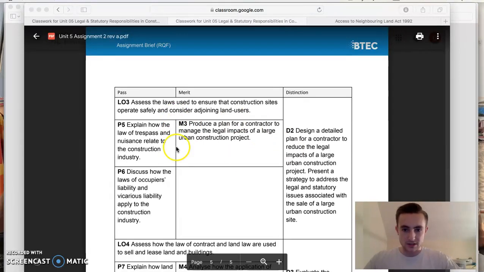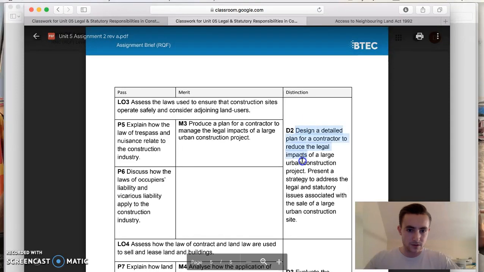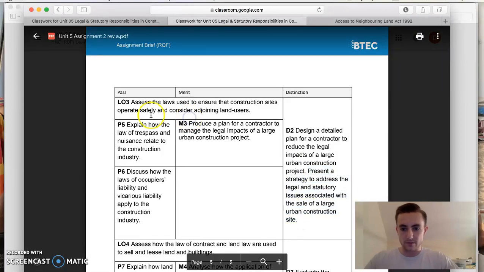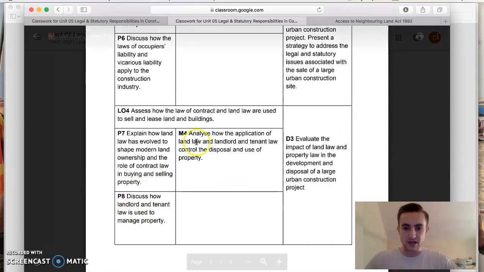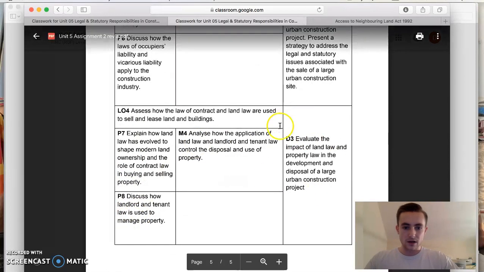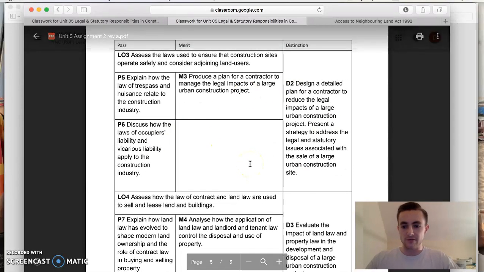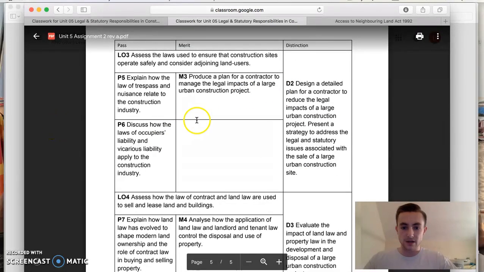So in the screencast, I will attempt to hit M3 and the first part of D2, as highlighted here, and then the second part of D2 along with P5, P6, P7, P8, M4 and D3 have all been addressed and achieved, I believe, in the document that I'll submit along with this screencast.